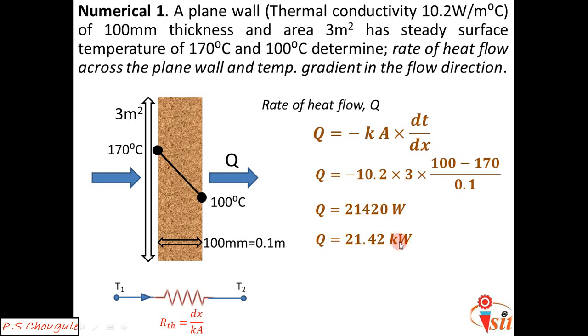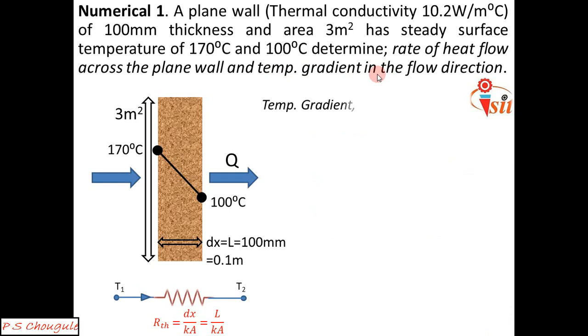Now secondly, they told you to find the temperature gradient. For that, you can write the temperature gradient according to Fourier's law. Q is equal to minus KA into dT upon dx. You can take dT upon dx on one side, so you will get one formula which is minus Q upon KA.